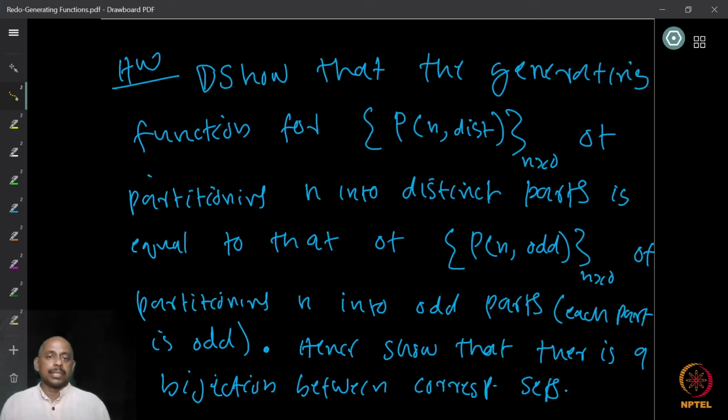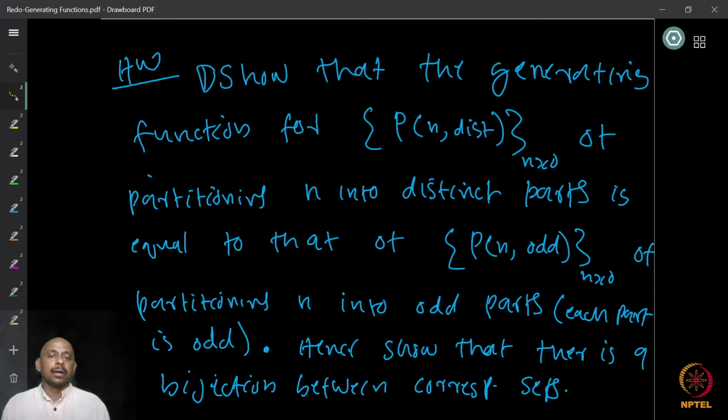Now a homework question. Show that the generating function for partitions of n into distinct parts, Pn distinct, is equal to that for the number of ways of partitioning n into odd parts. So Pn odd denotes the number of ways of partitioning n into odd parts, so each part is odd, and Pn distinct is the number of ways of partitioning n into distinct parts, so each part is distinct.